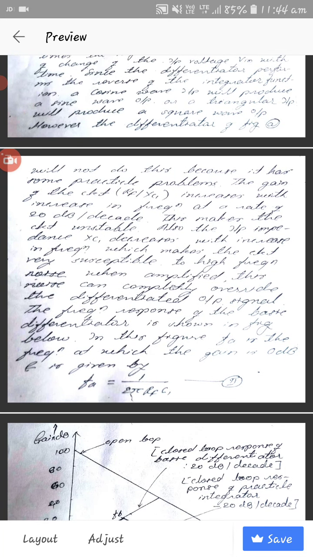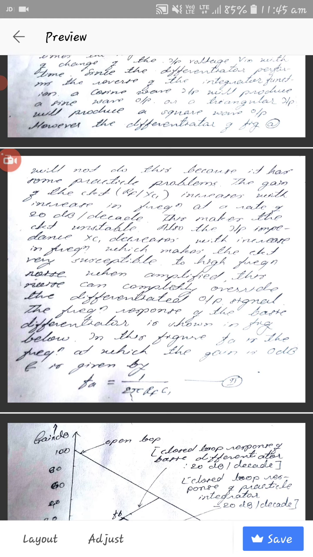The gain of this circuit, RF upon XC1, increases with the increase in frequency. That means when the frequency is increased, the gain automatically increases at a rate of 20 decibels per decade. This makes the circuit unstable.